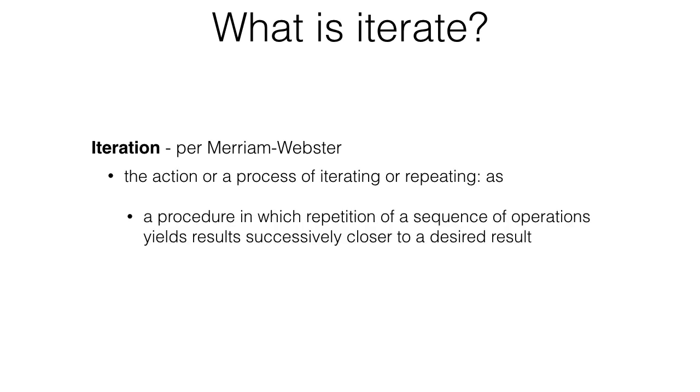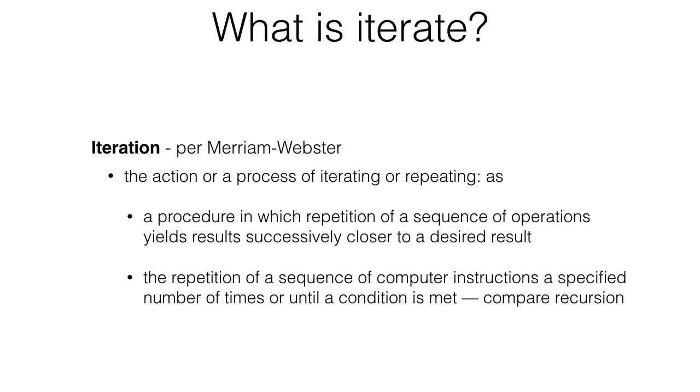As a procedure in which repetition of a sequence of operations yields results successively closer to the desired result. So we're iterating, we're going through and repeating, and we're working towards a desired result. So therefore, we're repeating operations over and over again, trying to get to a desired result with each iteration as we move around.